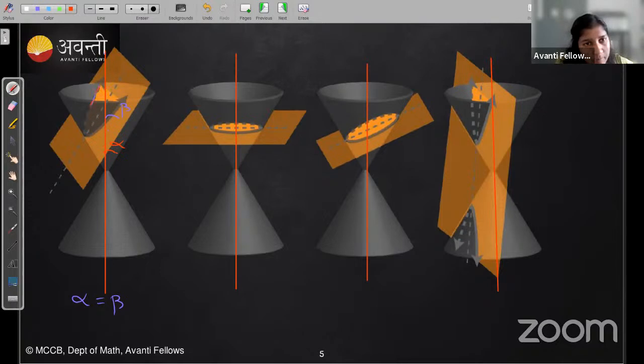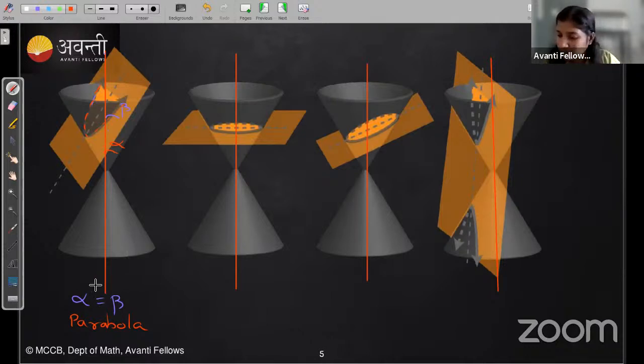This certain shape is formed here. This shape we call a parabola. So we obtain a parabola when the vertex angle and the angle between the plane and the central axis are the same.